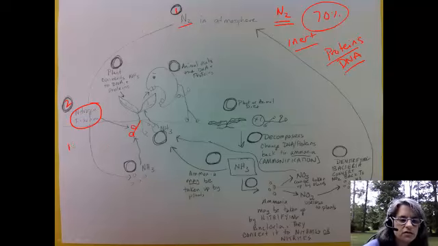They are called nitrogen-fixing bacteria, and they are absolutely critical to our ecosystem, to our survival, because these are one of the few organisms on the planet that can take this unusable nitrogen and actually use it, and they can convert it into a form that plants and animals can use.